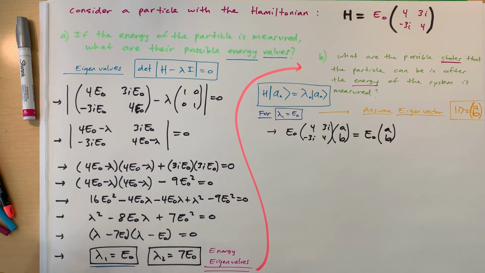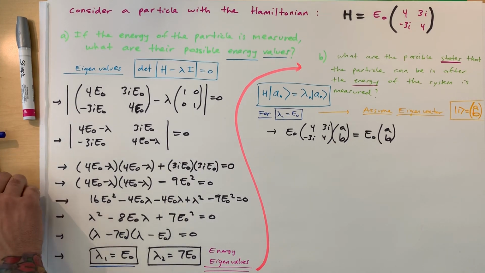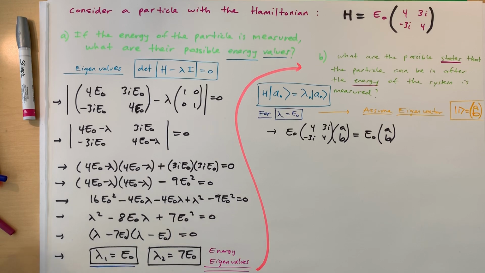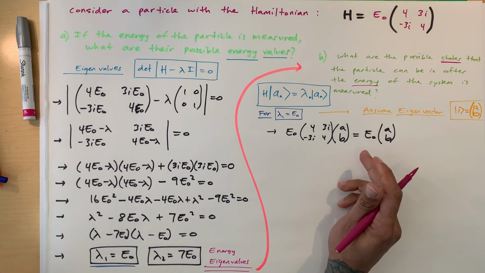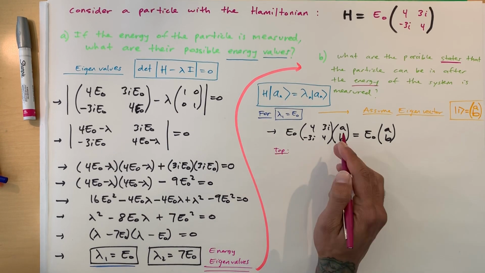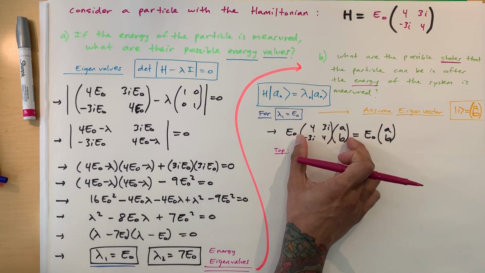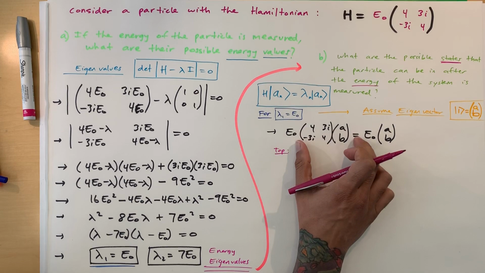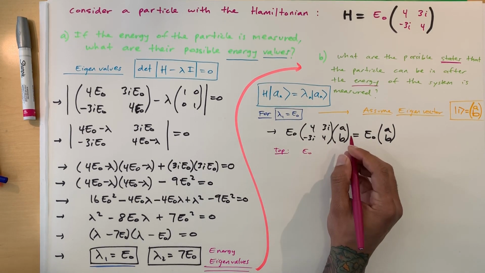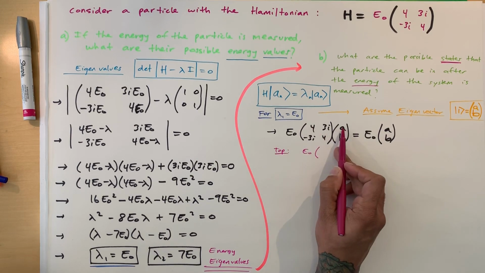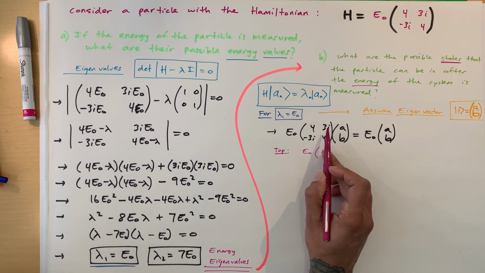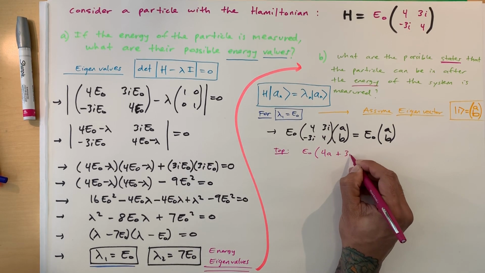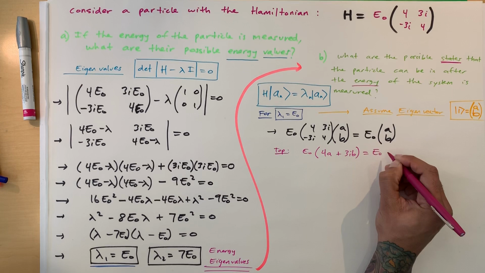All right, so let's do the top first. And by top I mean, you should know this from linear algebra, but we're going to deal with the top first, and so we have E naught, which is going to cancel out, but we got this times this, which is 4a, plus this times this, so plus 3ib equals E naught a.